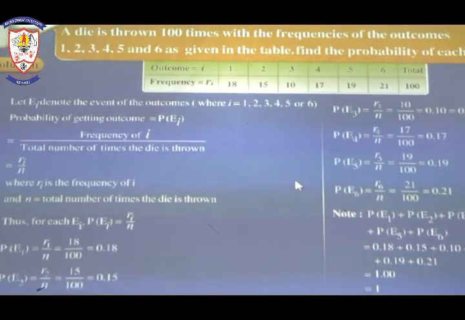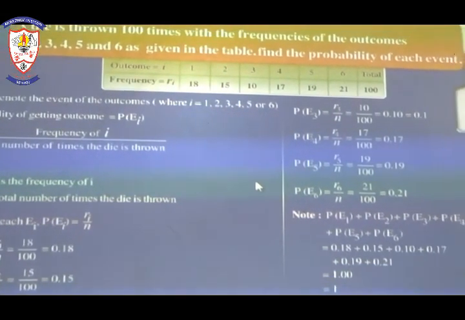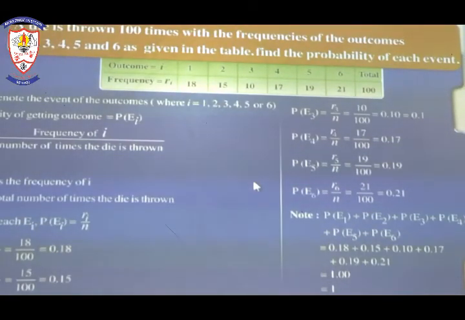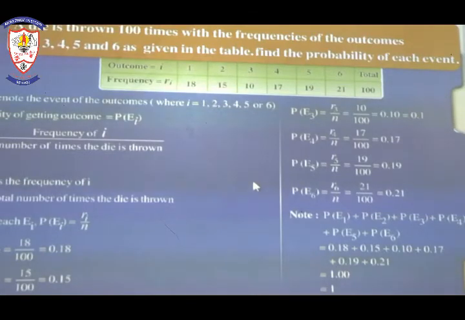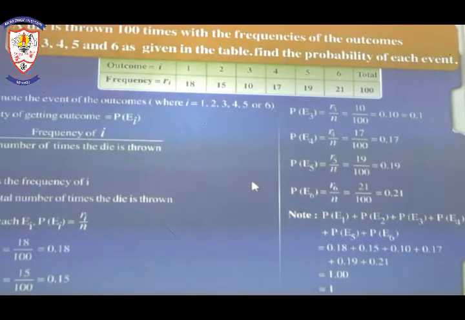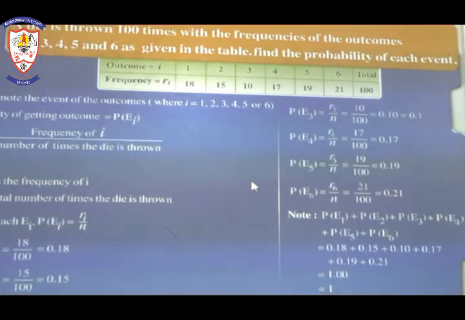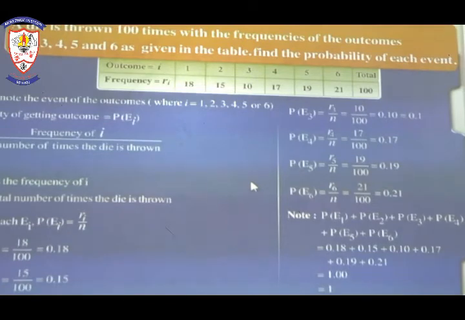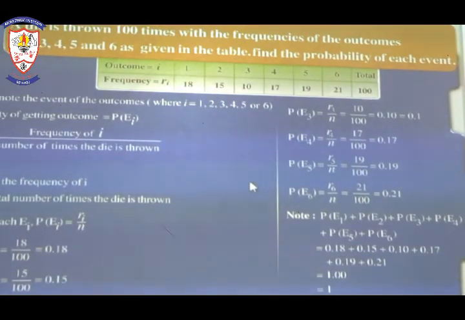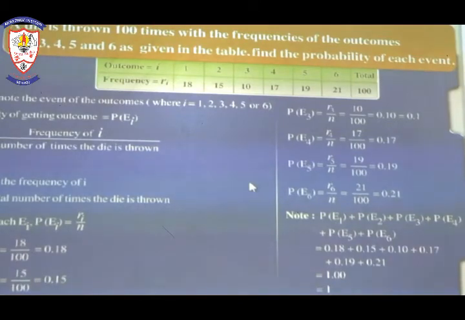Now we will come to P(E3). So P(E3) is equal to R3 upon N, which is equal to 10 by 100, which is equal to 0.10. Again for E4, similarly, 4 came 17 times, so it will be 17 by 100. 5 came 19 times, so it will be 19 by 100. 6 came 21 times, so it will be 21 by 100.